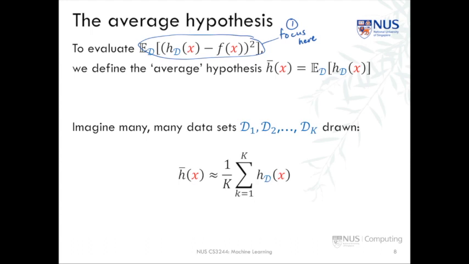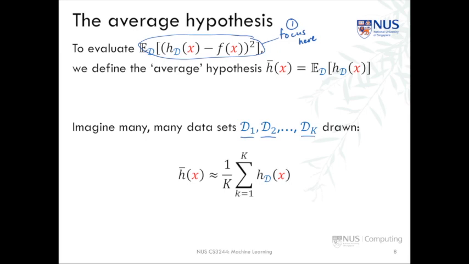I'm going to draw from my probability distribution of x values a sample of size 5, another sample of size 5, keep on drawing many samples of size 5. Each time we have a data set, we're going to create a hypothesis using machine learning to get the optimal weights given that particular training data set.